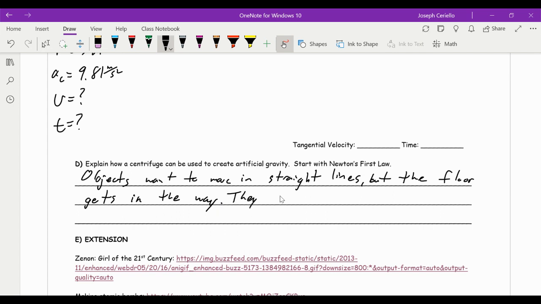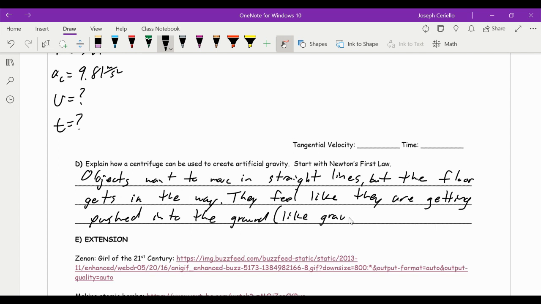They feel like they are getting pushed into the ground. Like gravity. That's what gravity does. It pushes us into the ground or pulls us into the ground.